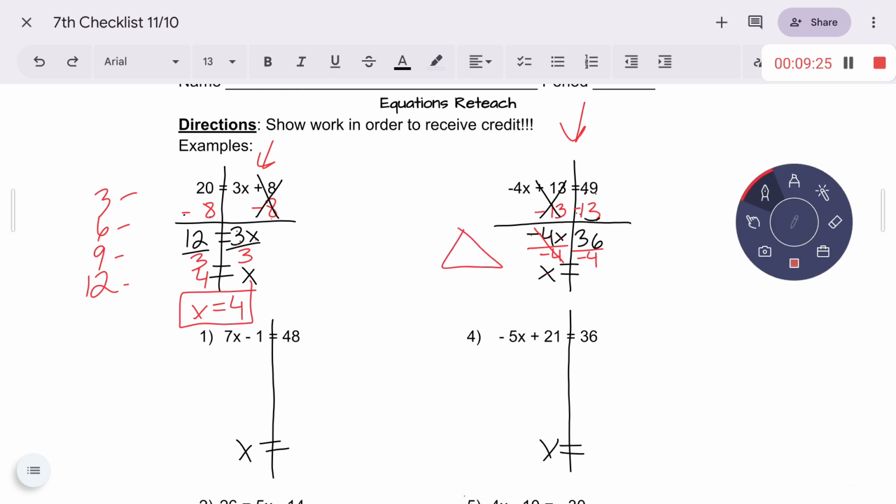I do that because negative, negative makes a positive. I need that x to be positive. That x, I want it positive. Over here, it doesn't matter.